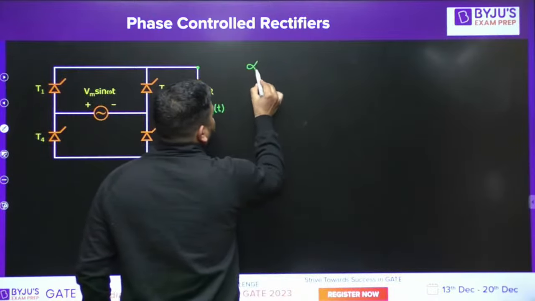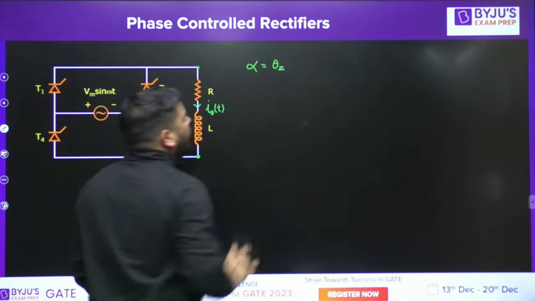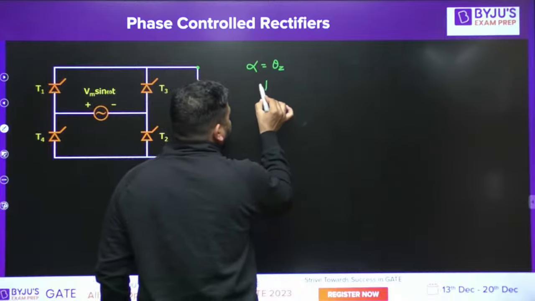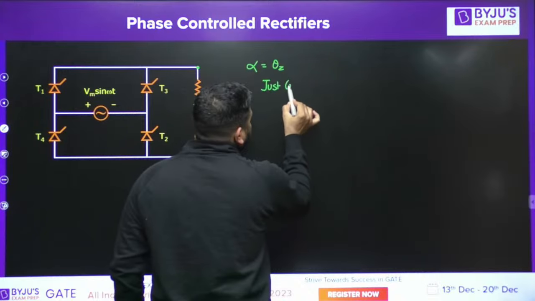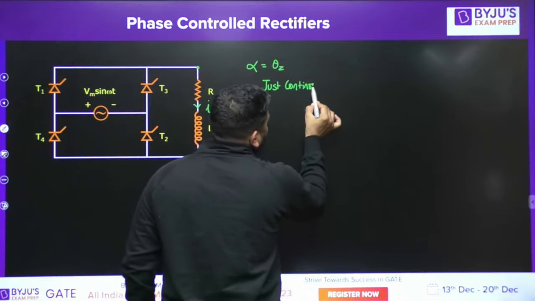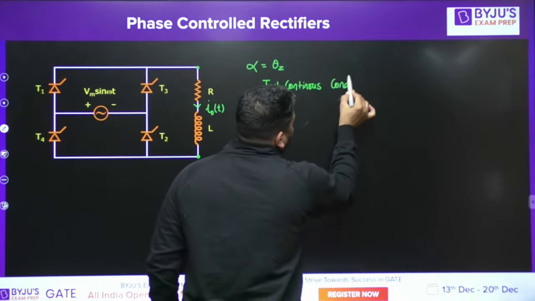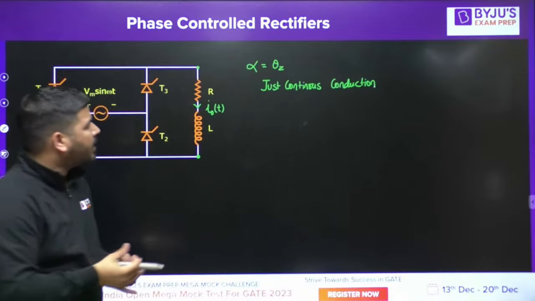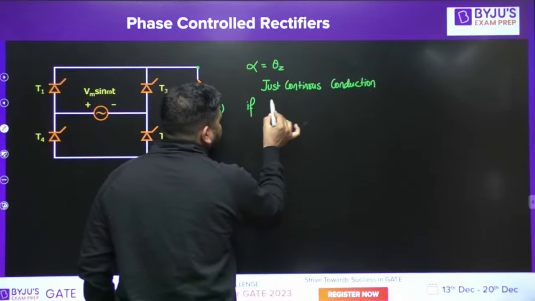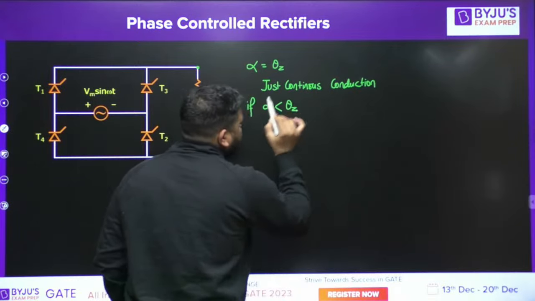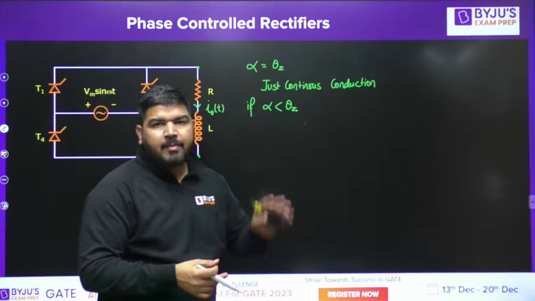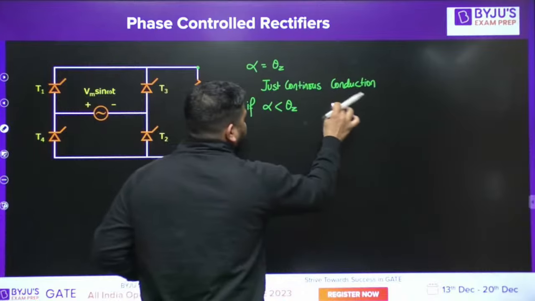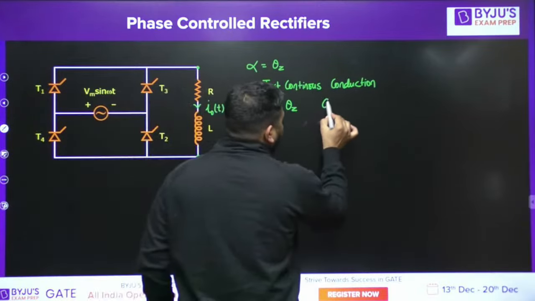So that firing angle alpha is theta z. Whenever the firing angle alpha is equal to theta z, then you can say that the conduction is just continuous. Just continuous conduction will be there. Now, if alpha is less than theta z, the conduction will be continuous.